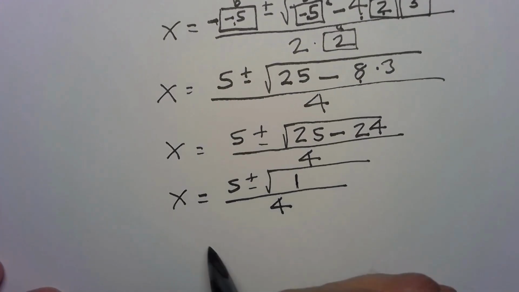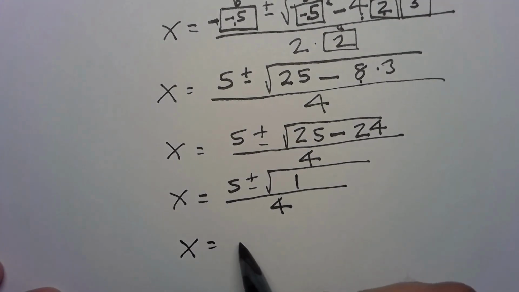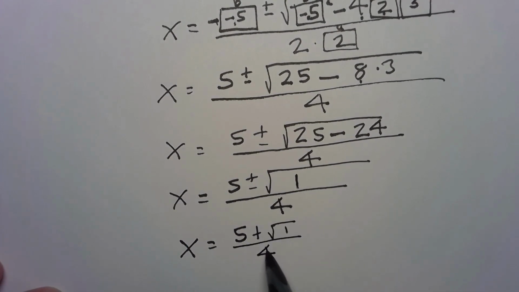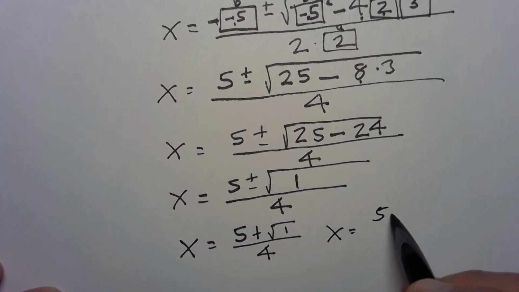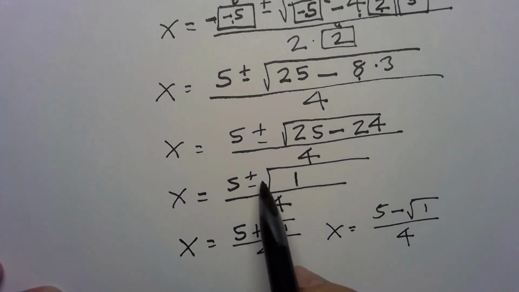And what's the square root of 1? So I'm going to go ahead and split this into 2. I've got 5 plus the square root of 1, all over 4. And I've got x is equal to 5 minus the square root of 1 all over 4, right? Because I've got a plus and then I've got a minus.